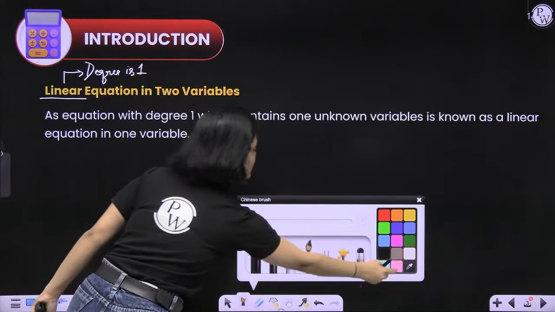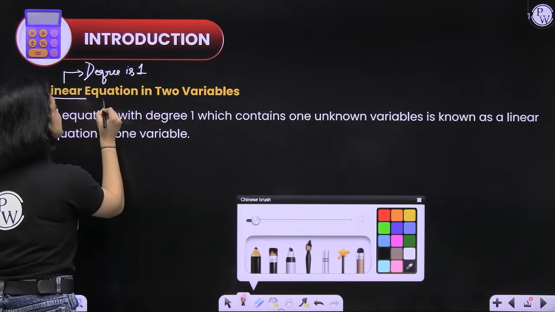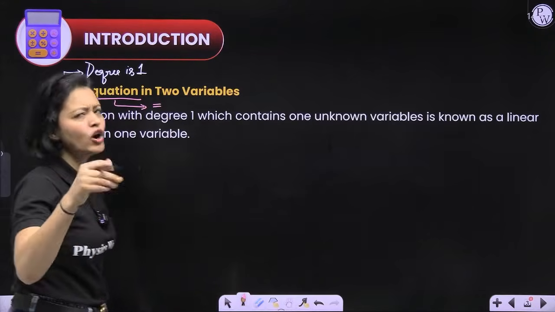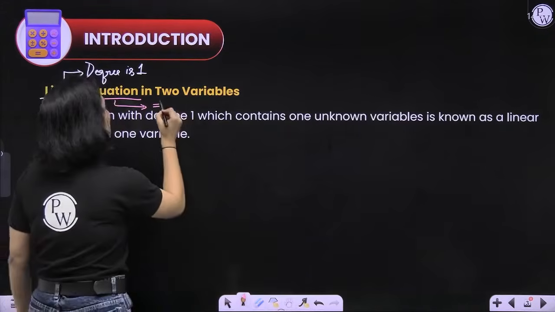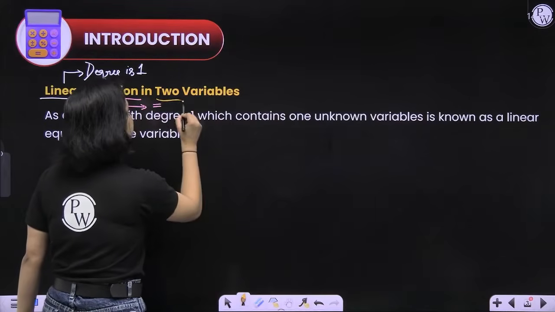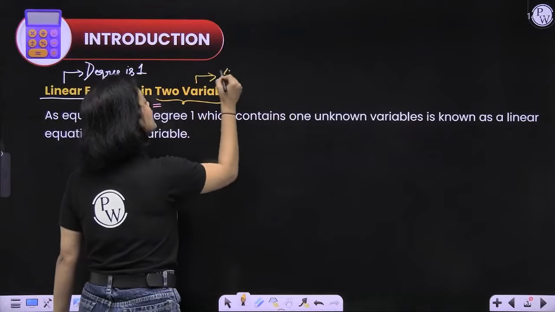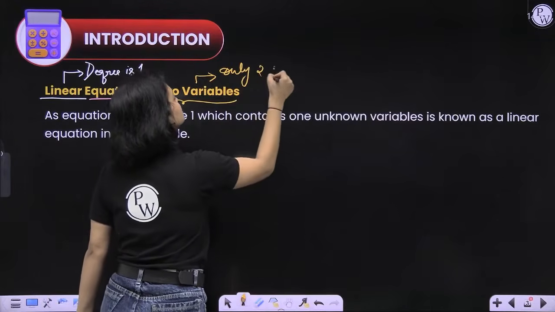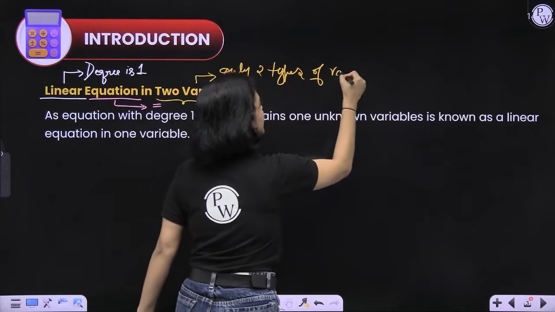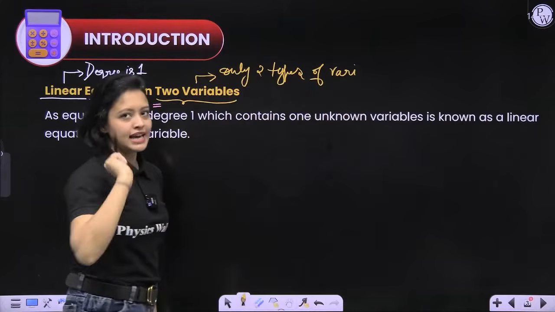Now what is an equation guys? Equation means basically that you have an equal to sign. Basic thing, right? Now what does two variables mean guys? Two variables basically means that there are only two types of variables. Right? So let's see using an example.